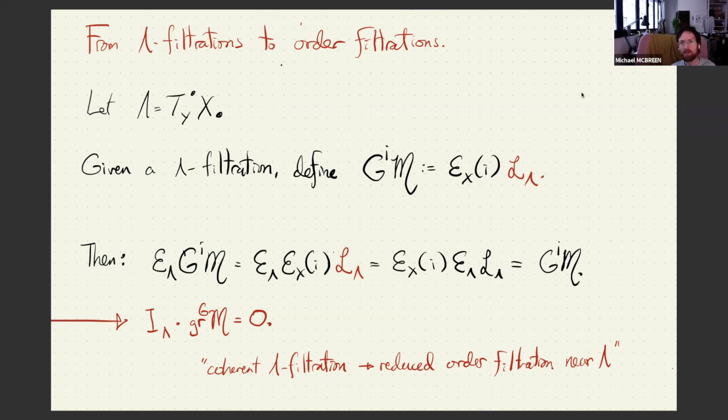If you remember, a lambda filtration was generated by its degree 0 part, L lambda. So L lambda is just the zeroth step of your lambda filtration. And you could try using L lambda as your lattice.